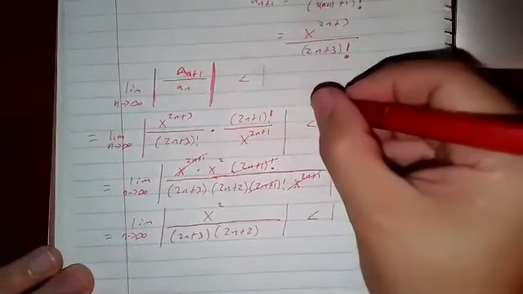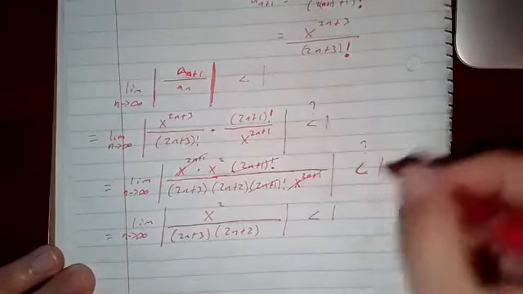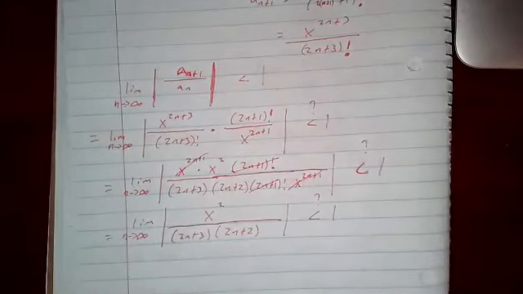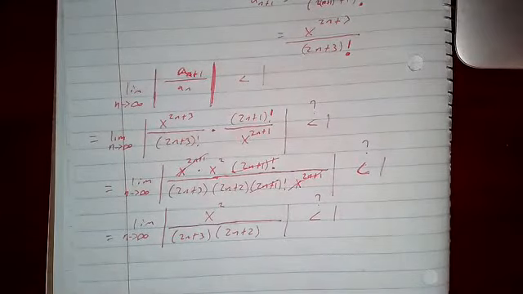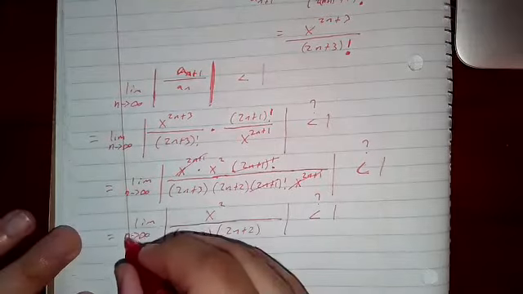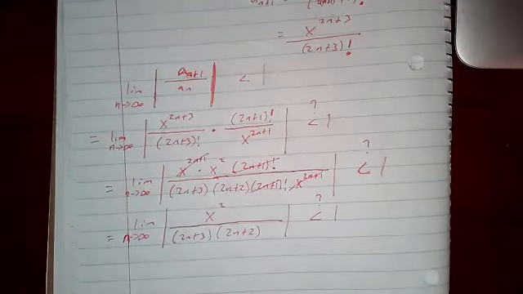This is more of a question, right? Not a statement. What limit is that? It's still infinity. Remember, it's n going to infinity. N not x. Okay. Sorry.